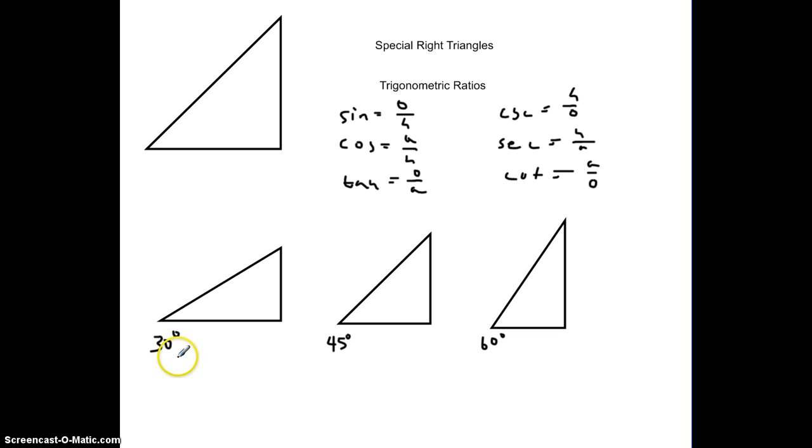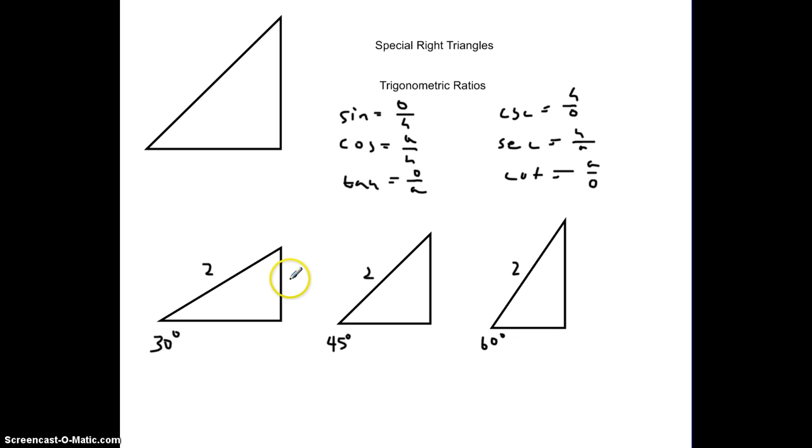Now, on our triangles, we can stretch or shrink these triangles to any size we want to. So even though these won't be drawn to scale, let's say the hypotenuse is always 2 units. And then to find the opposite sides, we can count by square roots going from left to right.